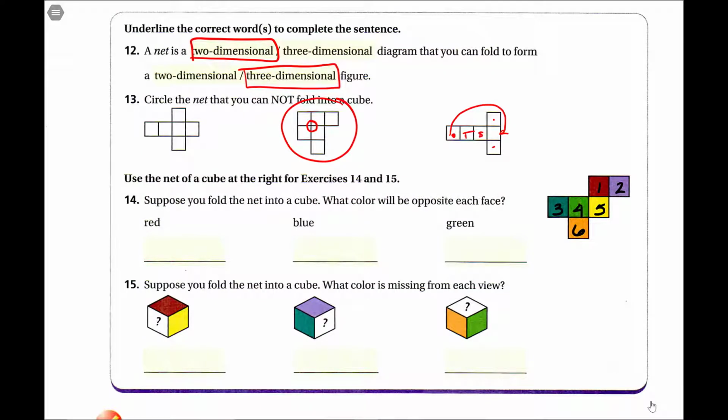So filling this in, we had red, which corresponded to the number 1. When we rotate that around, it's opposite of 6, so that will be orange. Blue, which is the number 3, when we rotate it around, the opposite side of it is 5, which is yellow.